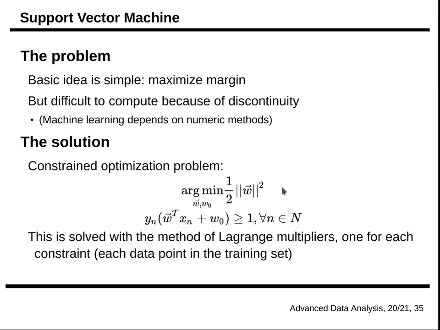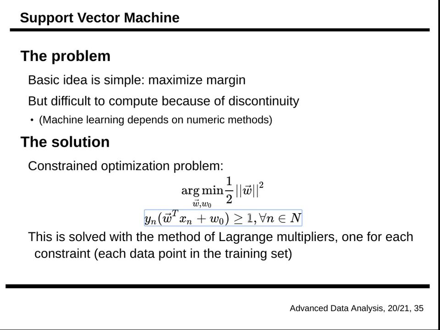The solution involves quite a bit of math that I'm going to skip, but it's basically we're trying to minimize the size of the vector while imposing the constraint that the margin must be at least 1.